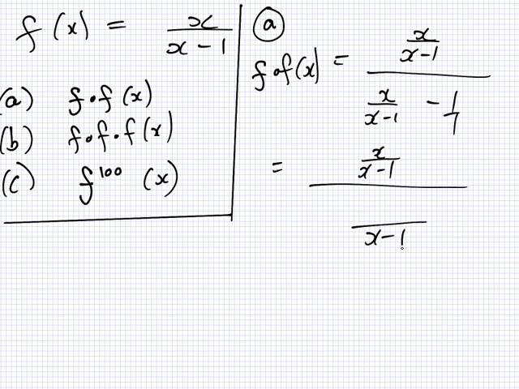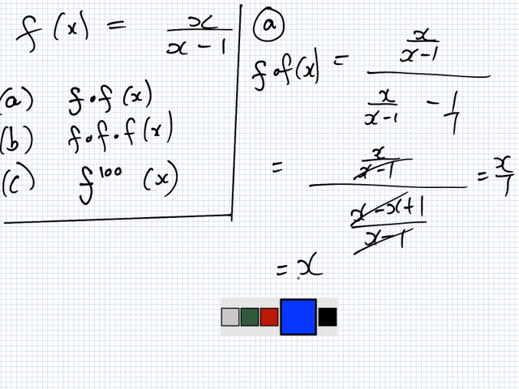This is x minus 1. This is x minus x plus 1. They cancel. You're left with x over 1, which is x. So it simplifies to x. That one cancels with that one, and these two just cancel because they're minus.